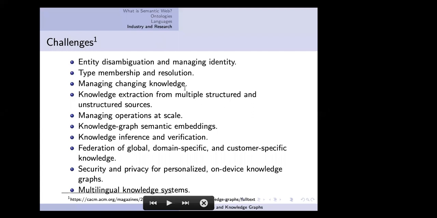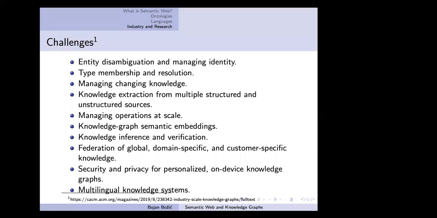Then managing changing knowledge. So for example, eBay is using a lot of changing knowledge for their products. So they're constructing a new knowledge graph every time that they are doing a product search on the web. So this is in the beta version at the moment. Then the knowledge extraction from multiple structured and unstructured sources.